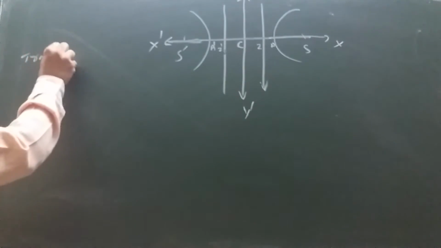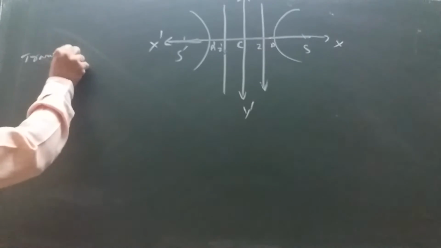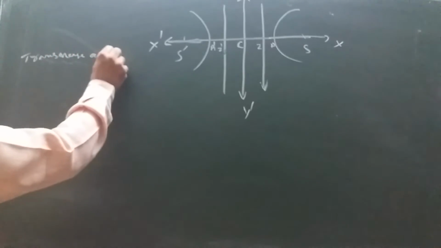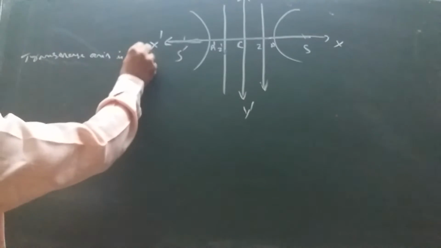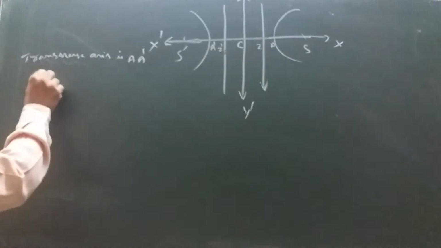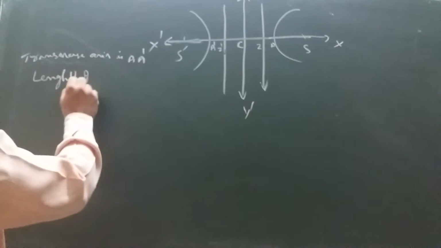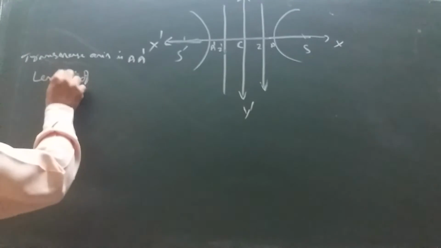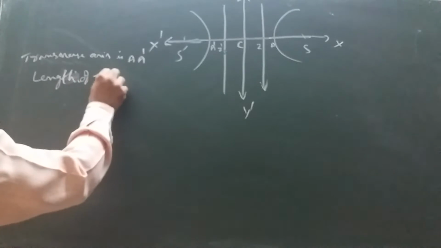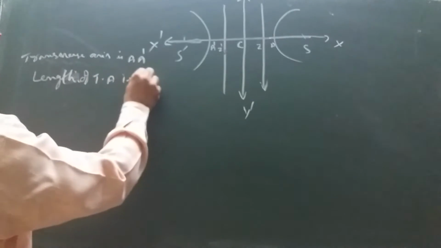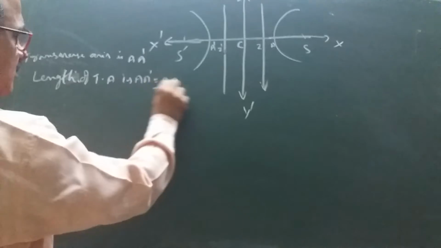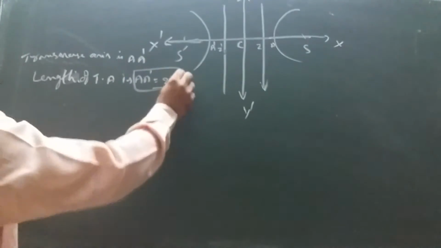Transverse axis is AA dash, and the length of the transverse axis AA dash is equal to 2a. We already took it in that way.